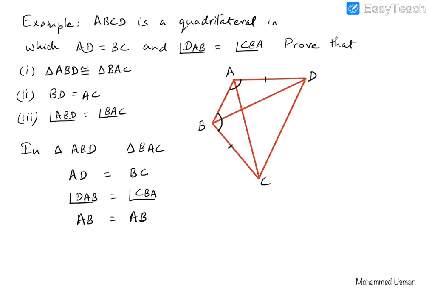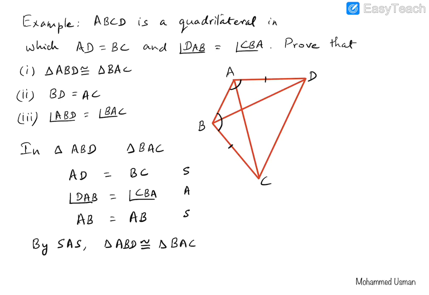So again, we are getting the side angle side rule. Okay, so we can write by side angle side rule, by SAS, triangle ABD is congruent to triangle BAC.